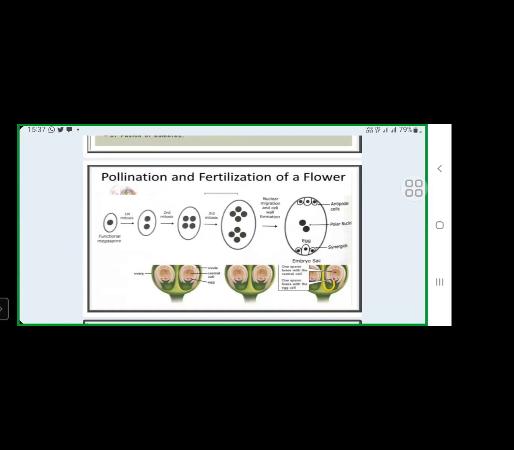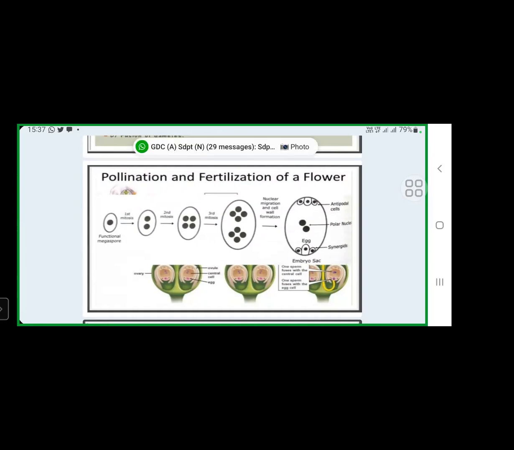After the first meiosis, 2 cells; after the second meiosis, 4 cells; then mitosis, giving the 8-celled stage. Then nuclear migration and cell wall formation. 3 cells are the antipodal cells, 2 are the synergids, 1 egg cell, and the center part has 2 polar nuclei. This is the complete embryo sac.